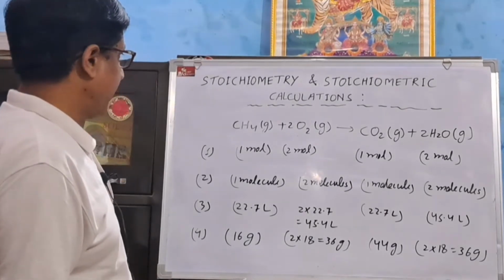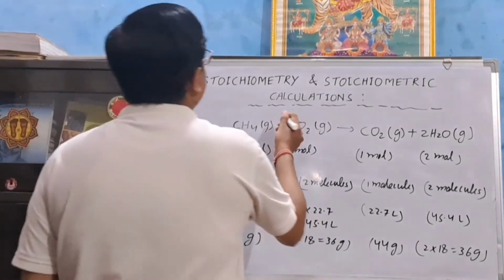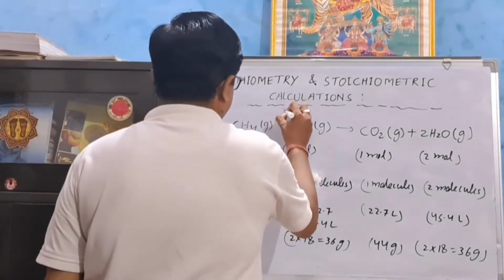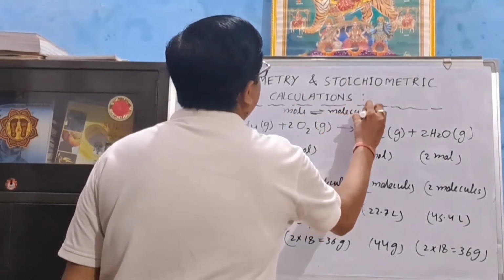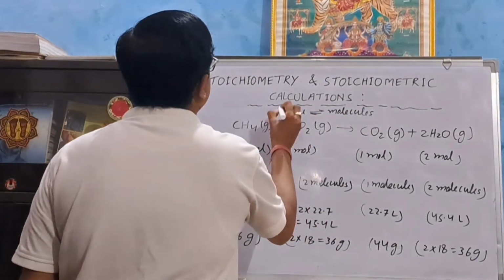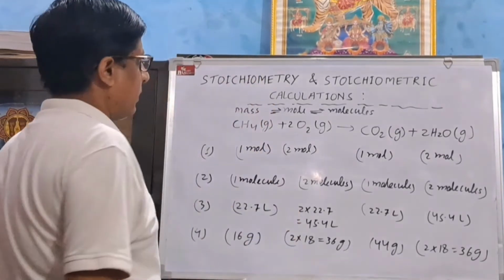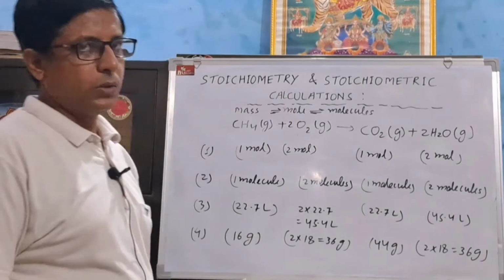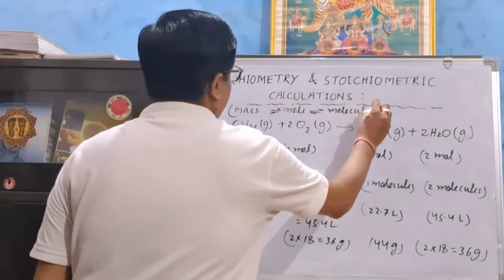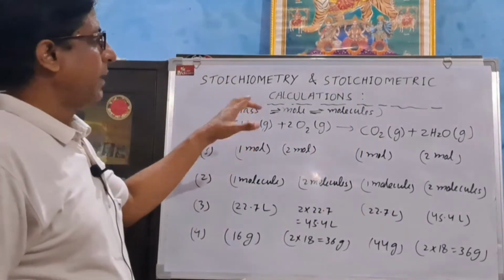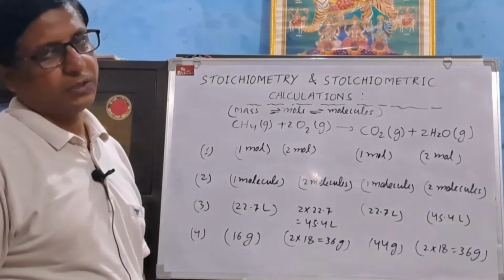Therefore, we can say that from stoichiometry we can interrelate the moles with number of molecules, and this is also with mass, molecular mass. Mass can be converted into number of moles and moles can be converted into molecules. Thus, these three things can be interrelated from the stoichiometry of this reaction.